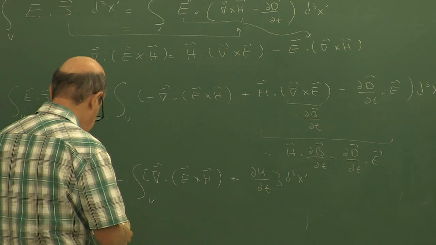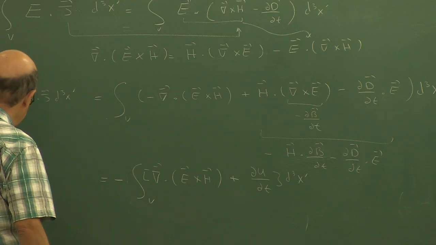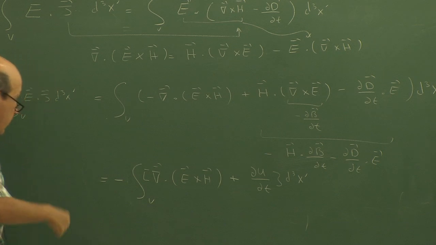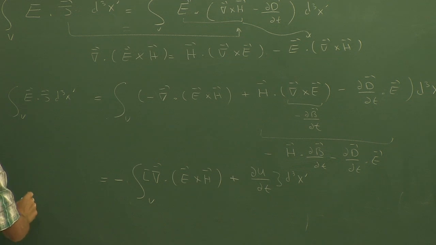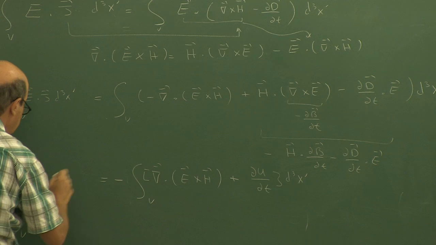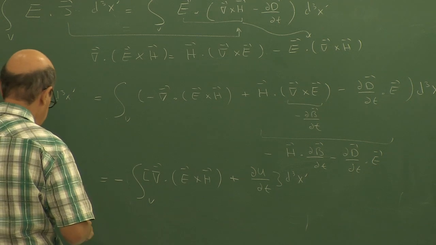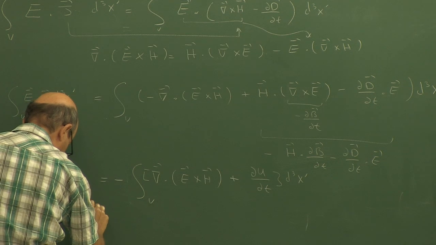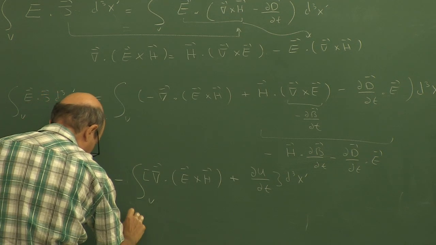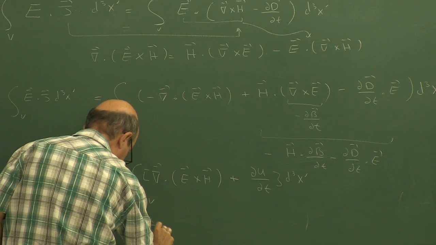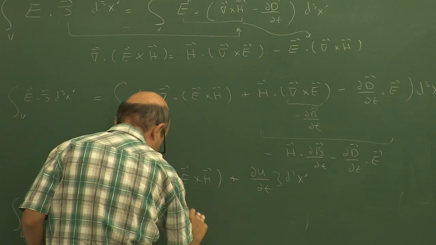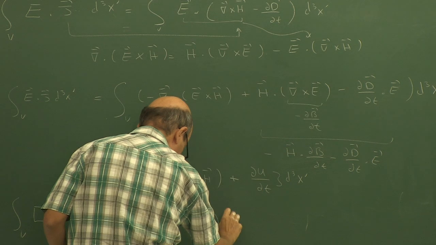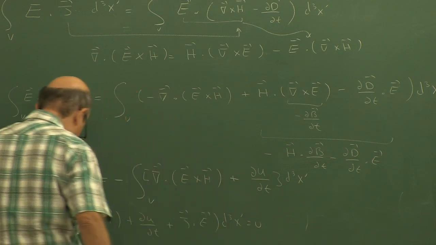Arranging things in a single integral, this is a volume integral, that is a volume integral, you can write everything together. So in a single integral, you can write a volume integral of what? Take the others, so that will be divergence of E cross H plus del U over del T plus J dot E, integrated through the volume, has to be 0.